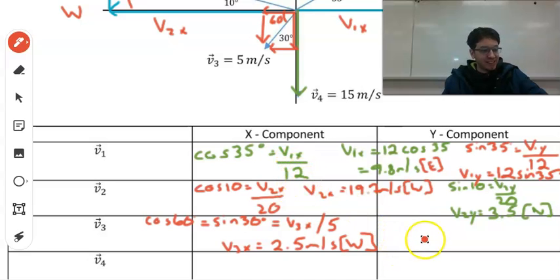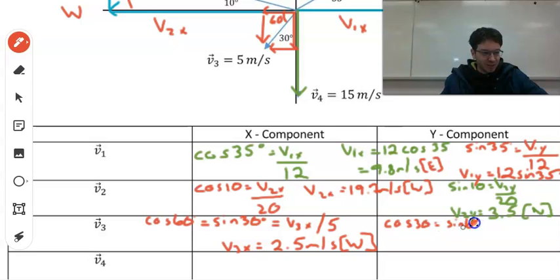Okay, we'd have to do the same thing for our y component. You can choose which angle you want to work with. Right? You can either do 30, and your y would be adjacent to that, and you'd use cos, or you can use 60, where your vertical component is opposite to that, and use sine. But again, it doesn't matter because the cos of 30 is the same as the sine of 60.